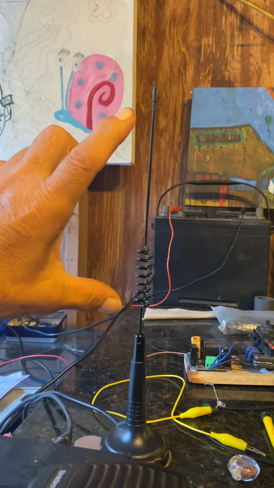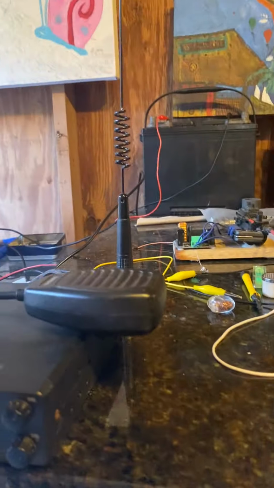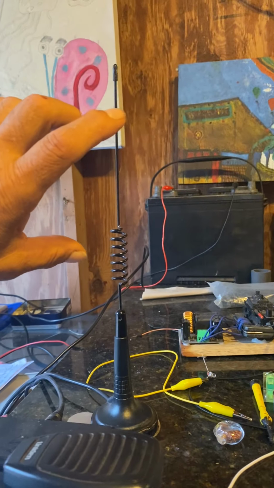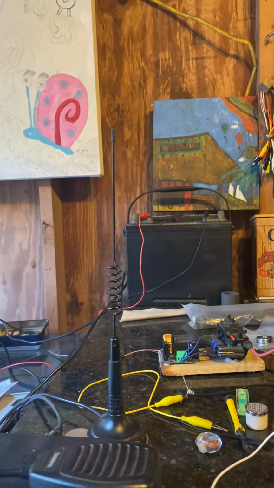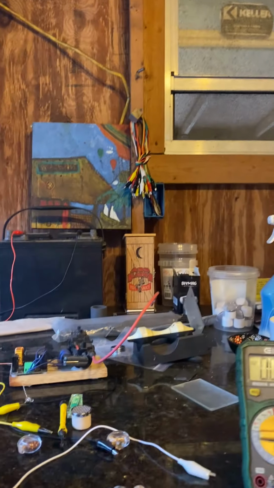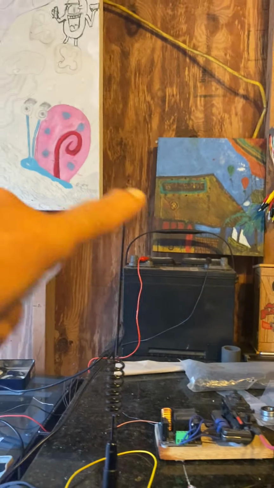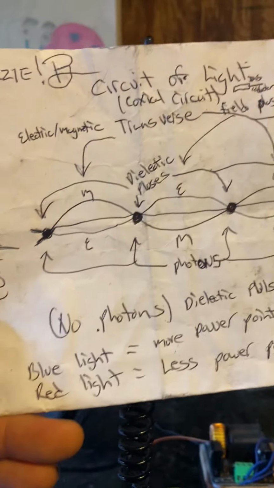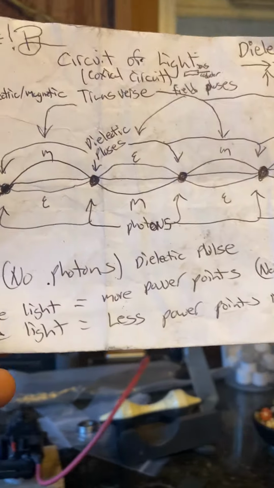And then this is rotating constantly. Every time its frequency flashes, it's flipping. And as it's doing that, it's sending out these punches, and the punches are going in every direction. And the punches are these transverse audio versus light.